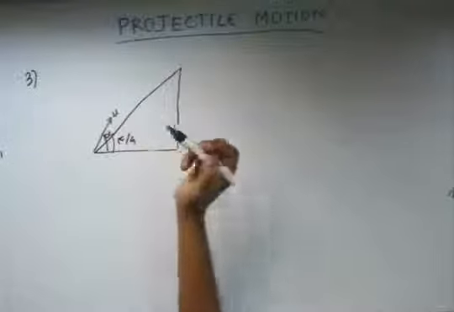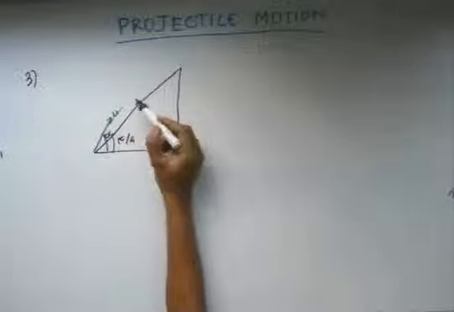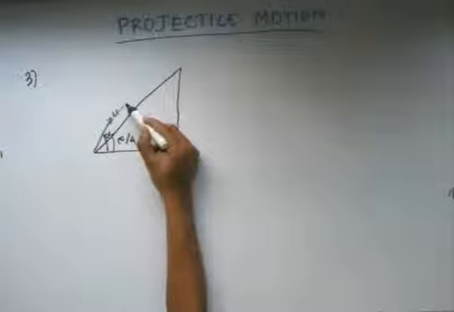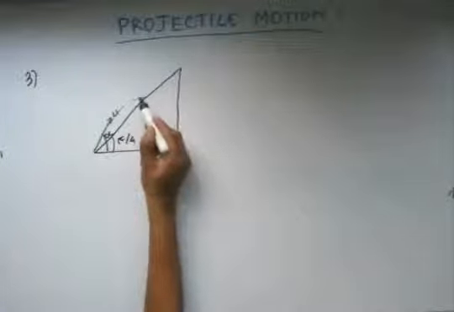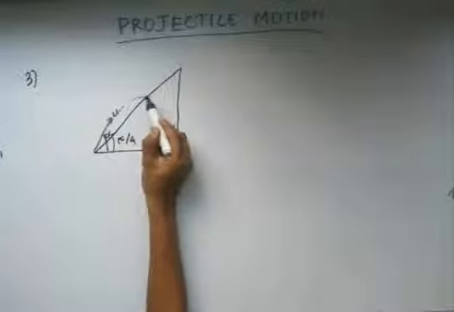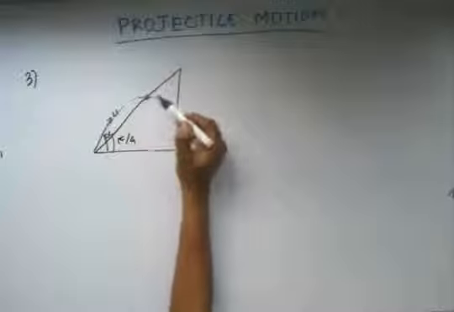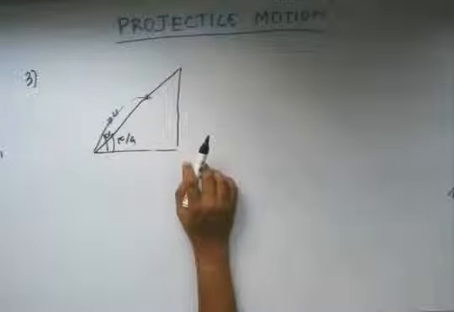It's given that when the particle strikes the inclined plane, the direction of velocity of the particle is vertical. We are asked to find the angle of projection of the particle.